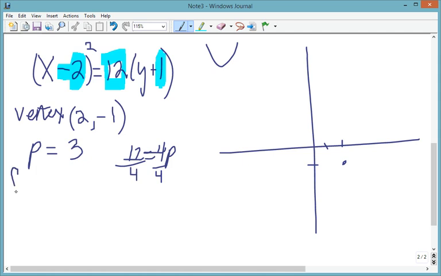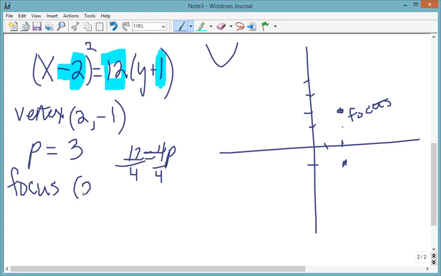Okay, so the focus would be 3 away from the vertex. So back over here at my graph, here's my vertex, and I'm going to go up 3, and that is my focus. Okay, so you see that my vertex was over 2, right? And since we're going up and down, the focus is going to be over 2.